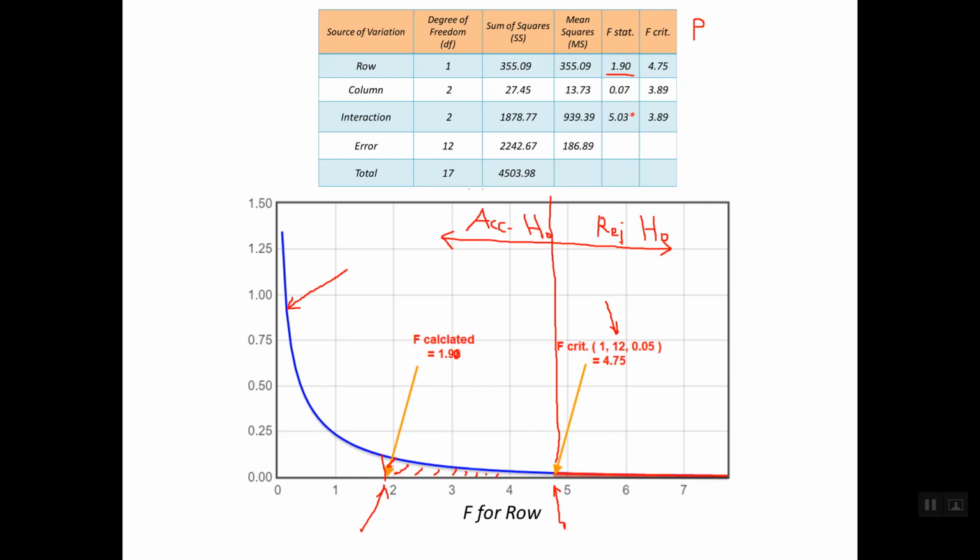So because the calculated value of F lies in the acceptance region of the null hypothesis, we should accept the null hypothesis for the first factor. So for the first factor, we don't have any significance.